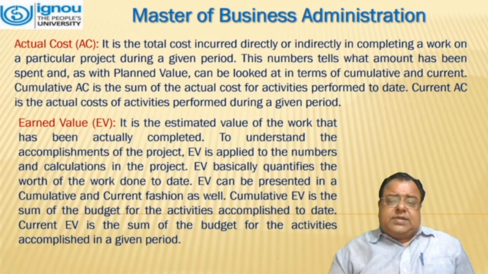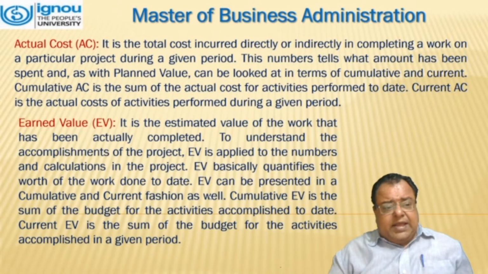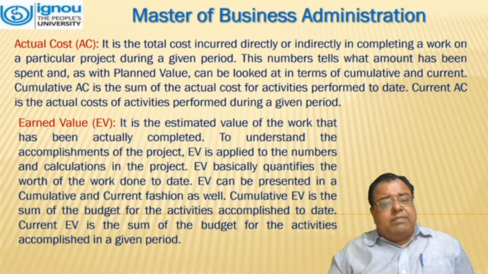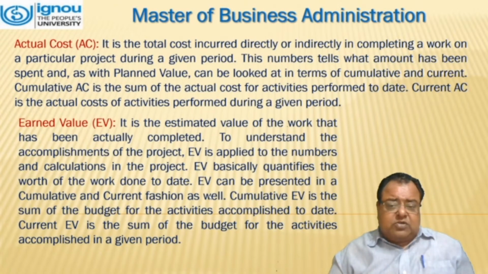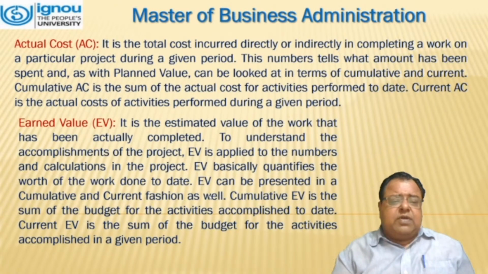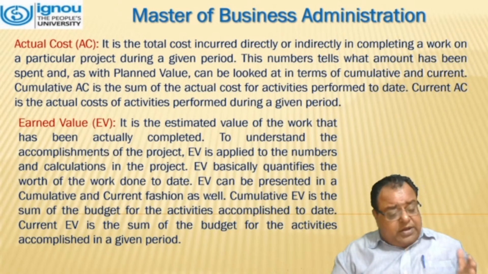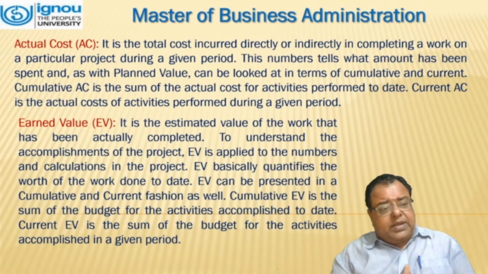This number tells us the amount that has been spent, and like planned value, it can be looked at in terms of cumulative and current. Cumulative AC is the sum of actual cost of activities performed to date. Current AC is the actual cost of the activities performed during a given period.